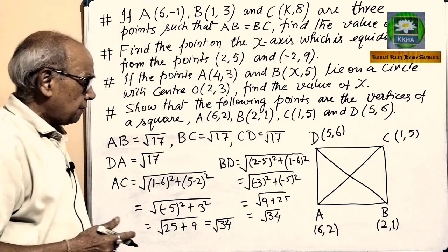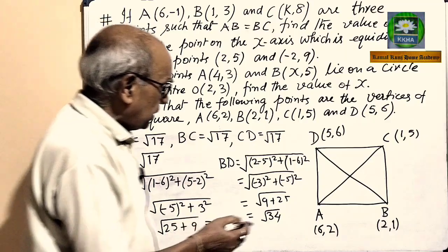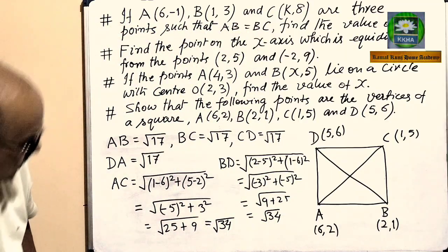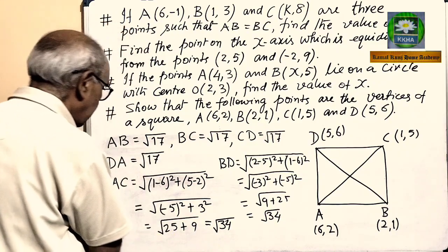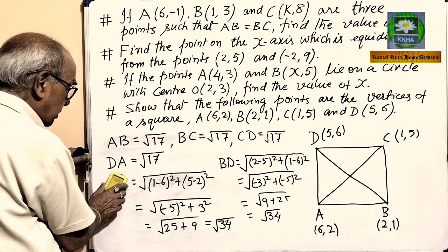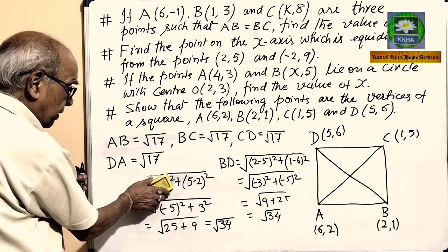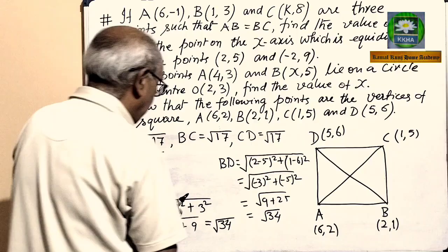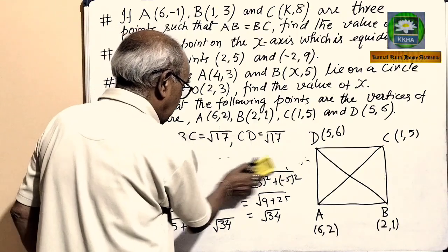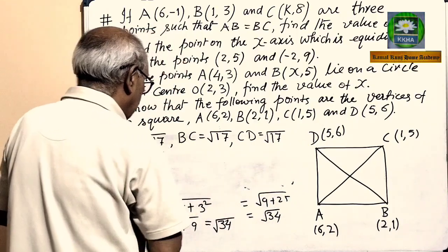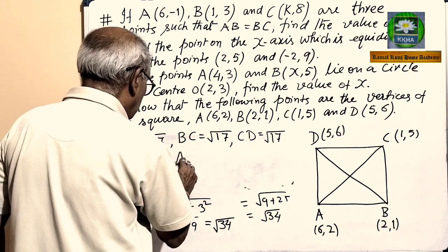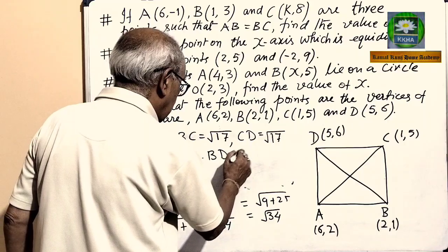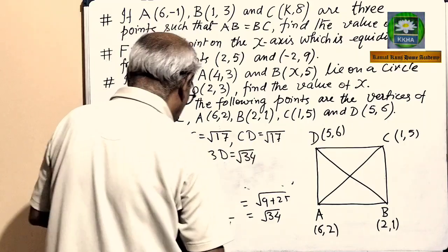Thus we see that all the sides are equal and diagonals are also equal. So we have diagonal AC equal to BD, which is equal to root 34.